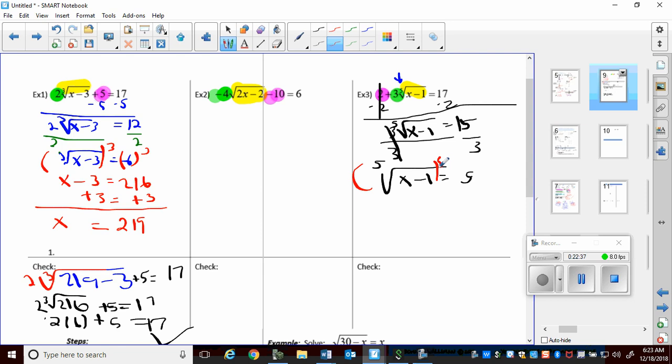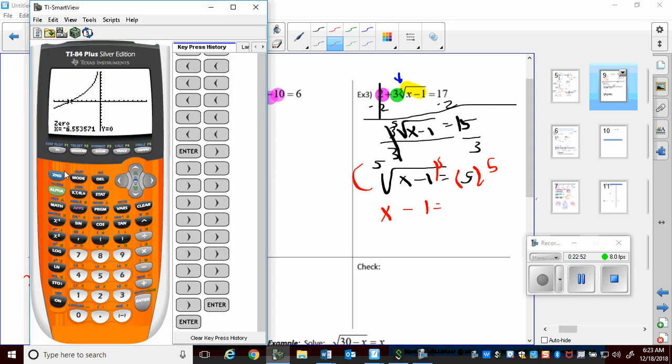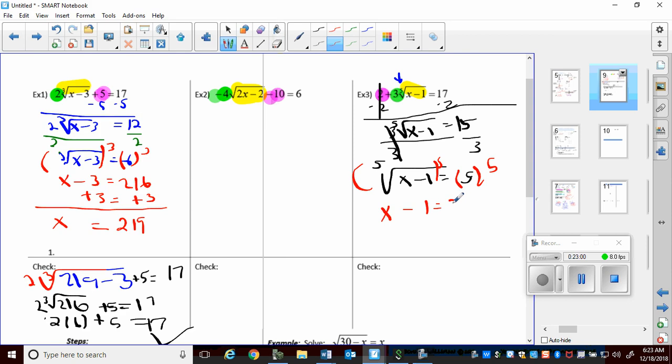And I'm actually going to use my calculator here because I can't do all of that big work inside of my head. So this just eliminates the radical on the left hand side. But 5 to the 5th power, I'm going to go second mode, 5, up arrow 5, and I get 3125.